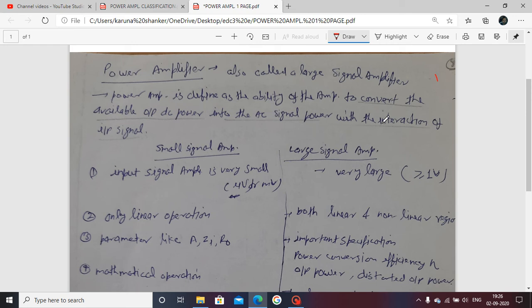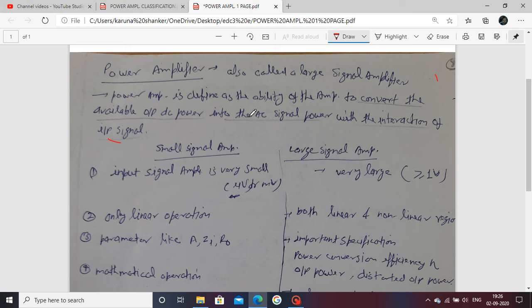What is a power amplifier? It is the ability of an amplifier to convert available output DC power into AC signal power through interaction with the input signal. Overall, the amplifier increases the signal power, making the output much greater than the input signal level.